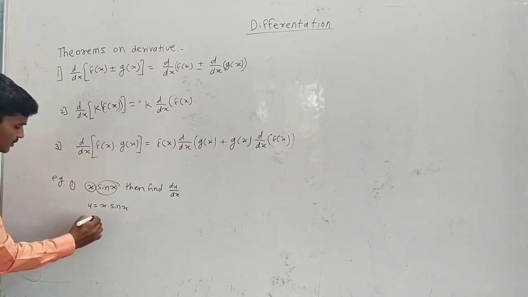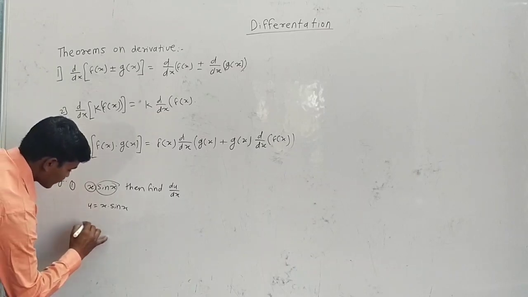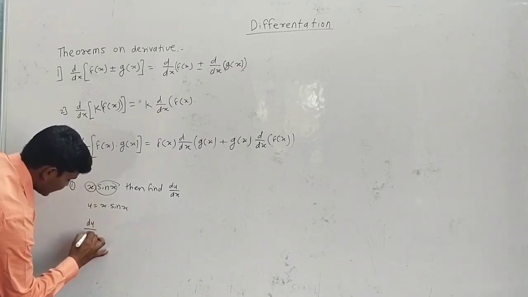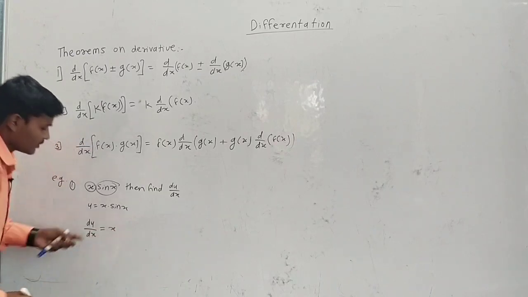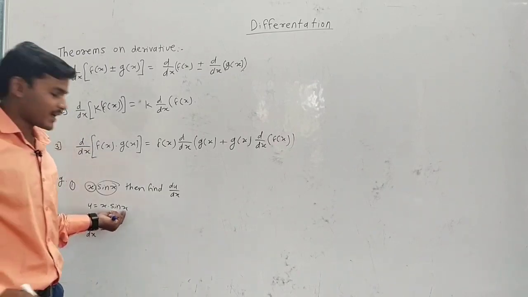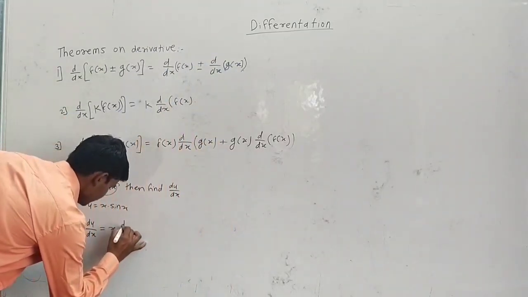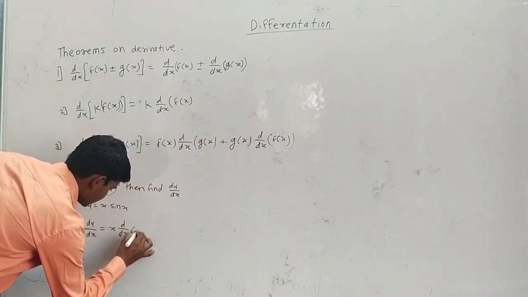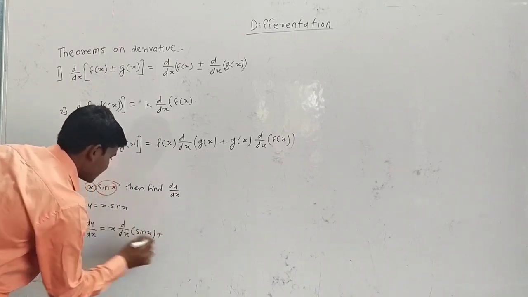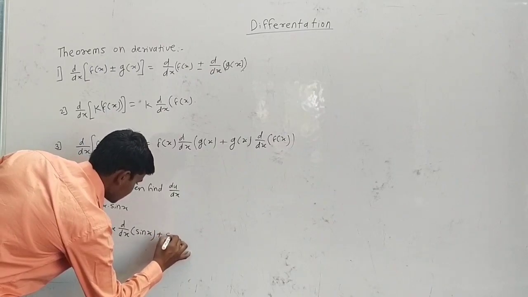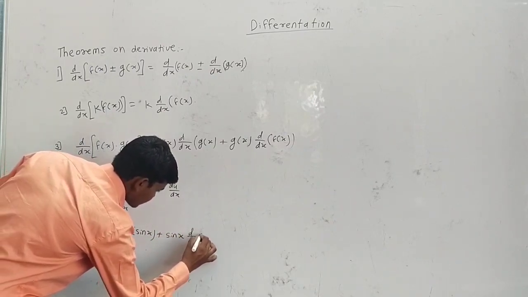Now take the first term as constant, dy by dx of the second term, that is the derivative of sin x, plus the second term as it is, sin x into the derivative of the first term.